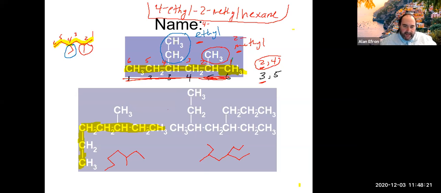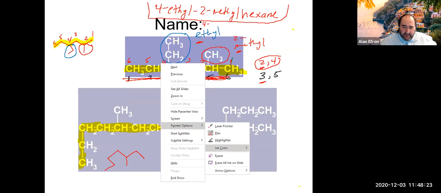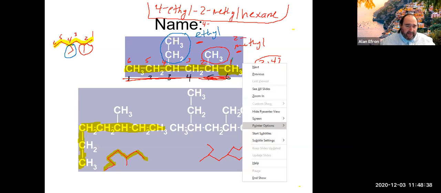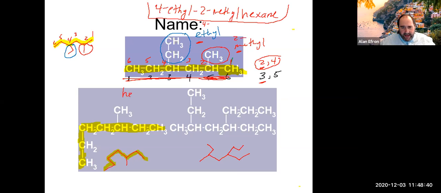So, and again, that would be on our line structure as well, even though it may look like something else is attached. This would be 1, 2, 3, 4, 5, 6, and 7 happening there. And the base of our name from 7 is going to be heptane.